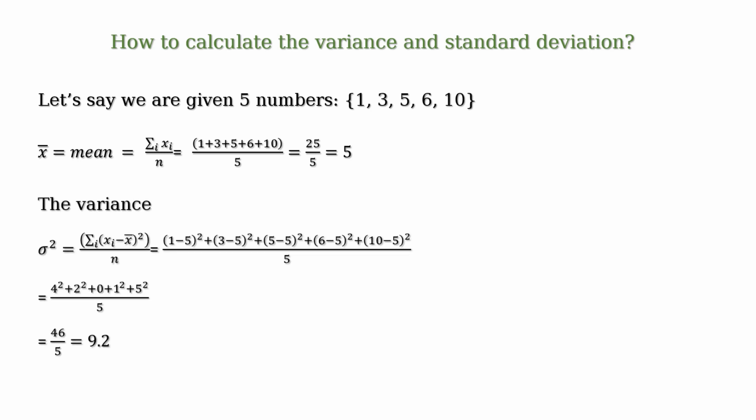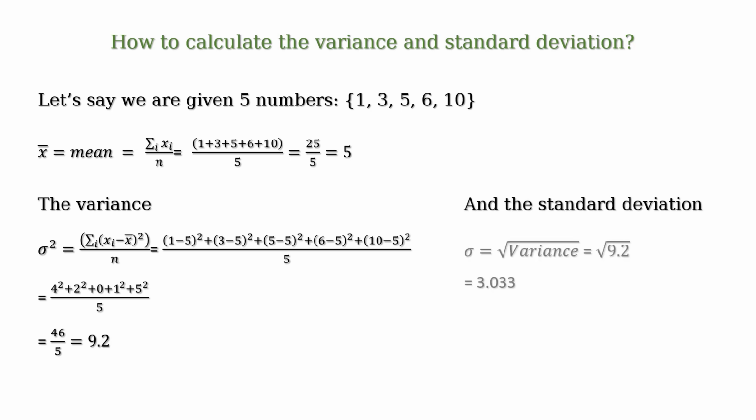Therefore, the variance sigma squared is equal to the summation over i of (xi minus x bar) whole squared, divided by n, and after calculation this is 9.2, and the standard deviation sigma is equal to the square root of the variance, and after calculation this is 3.033. I hope this helps.